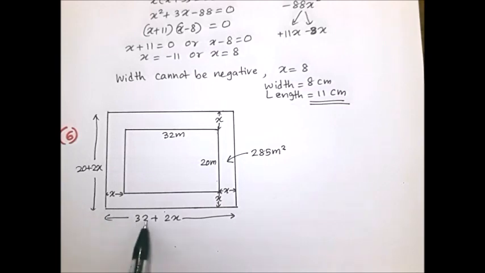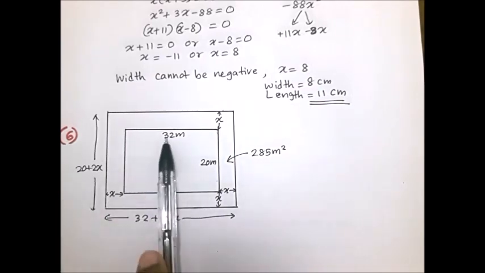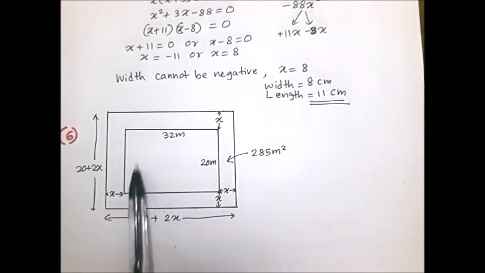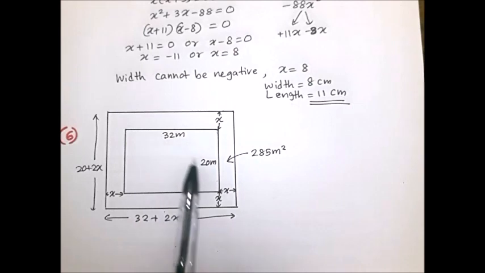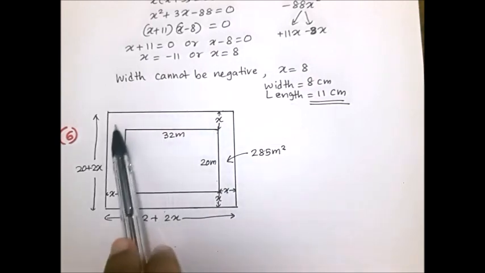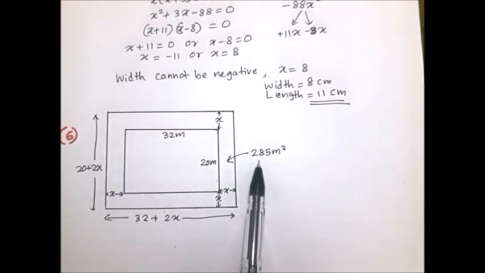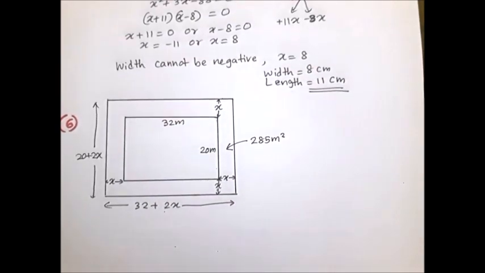Now you can find the area of this large rectangle, length multiplied by breadth. Then you can find the area of this middle rectangle. It is 32 multiplied by 20. When you subtract these two values, it is equal to the area of this pathway. It is 285 square meters.